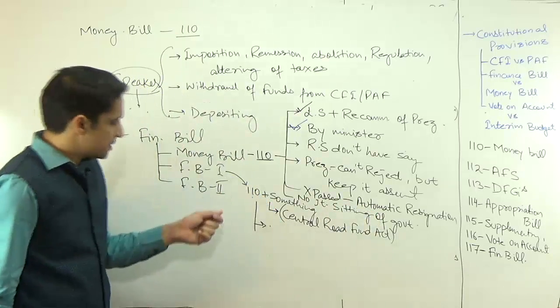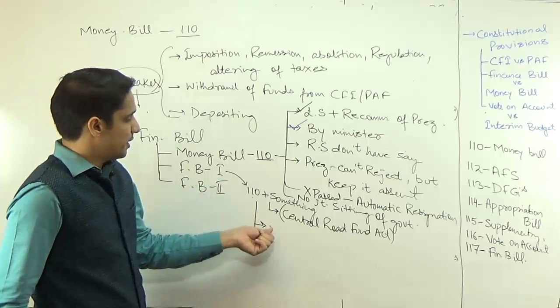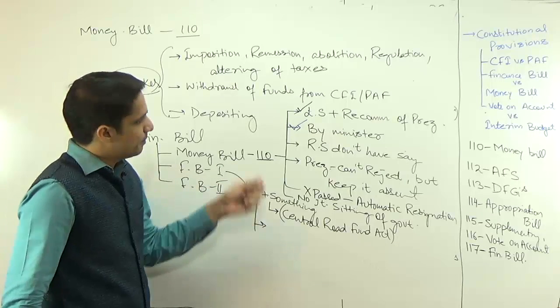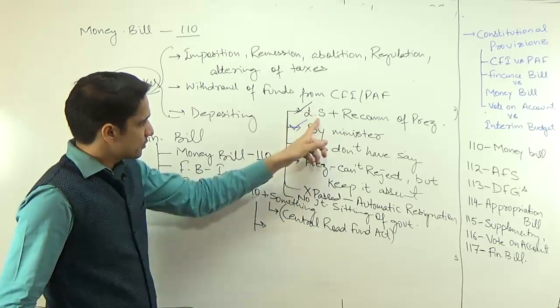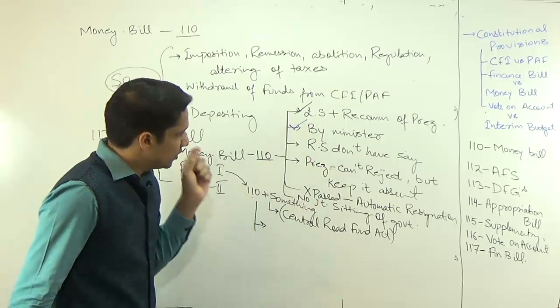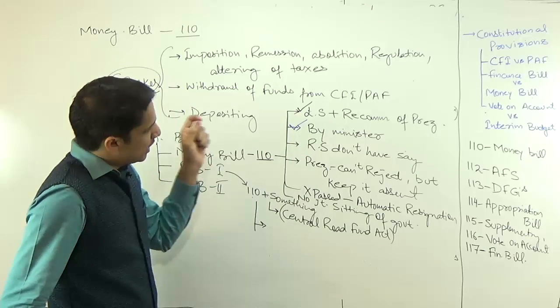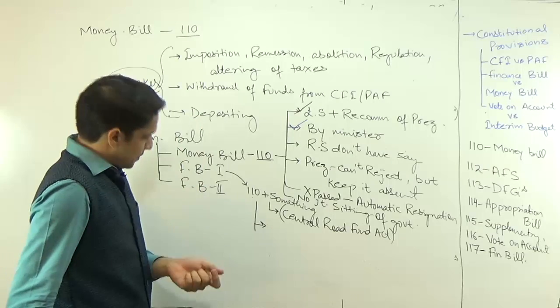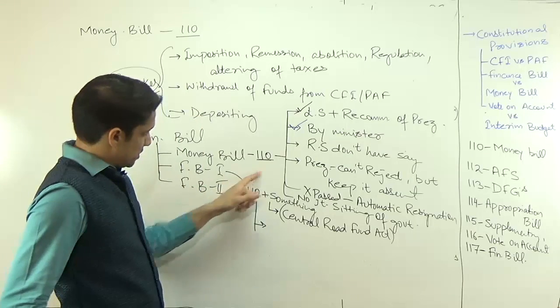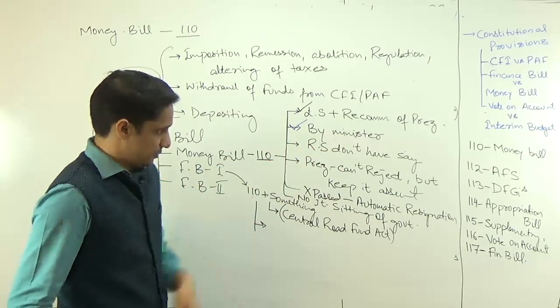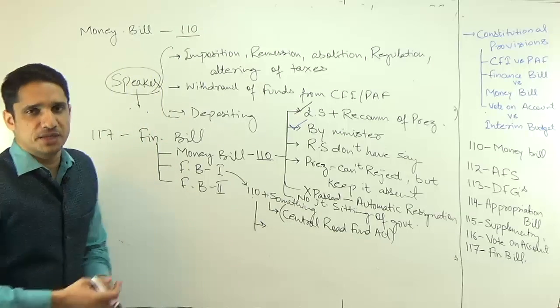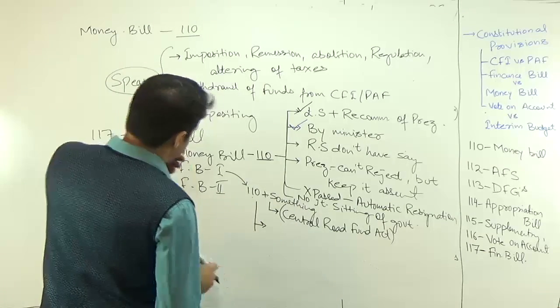So once a bill is passed by Lok Sabha, it becomes an ordinary bill, but these things will be applicable. Finance bill 1 can only be introduced in Lok Sabha, and that too after the recommendations of the President. Similarly, finance bill 1 can only be tabled by a minister, and cannot be a private member bill.